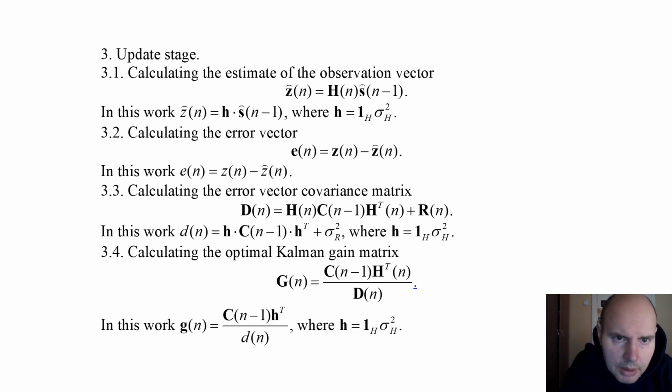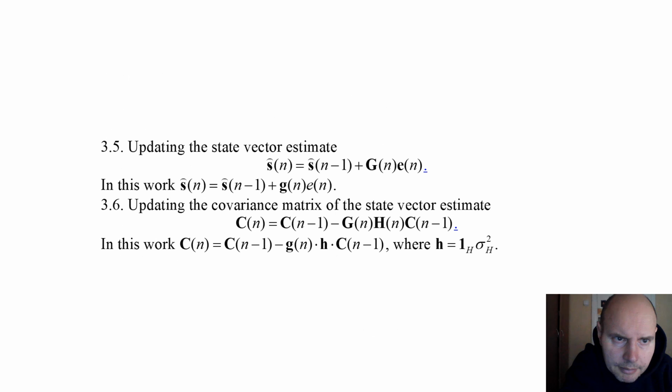Update stage: calculate the estimate of the observation vector in this work, calculate the error vector in this work, calculate the error vector covariance matrix in this work, calculate the optimal Kalman gain matrix in this work, update the state vector estimate in this work, and update the covariance matrix of the state vector estimate in this work.